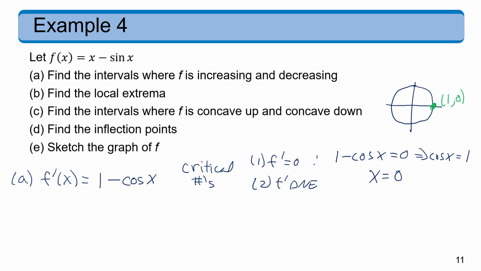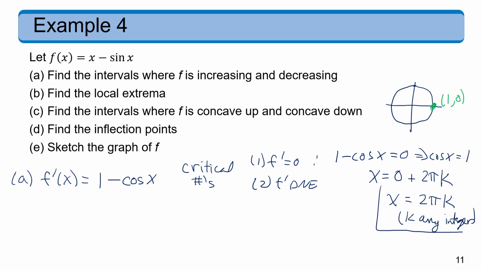So if you add any constant multiple of 2 pi, you get a solution. So we don't need to write the 0. We can just say x equals 2 pi times k, where k is any integer. So we have actually an infinite number of critical numbers from that part.